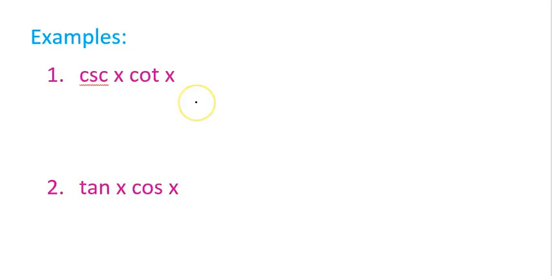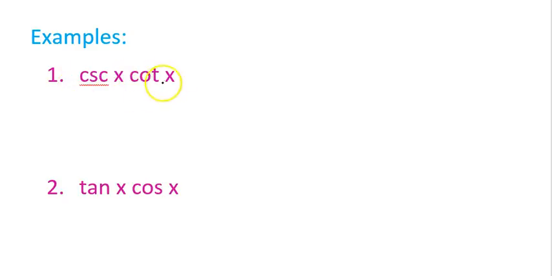Okay, so our first two examples are really what I consider classic examples. These are ones where you're pretty much always going to use the reciprocal identities. And I recognize them because it's like a string of trig stuff, and I could even have more than two that are just multiplied. There's no pluses, there's no minuses, there's no fractions.